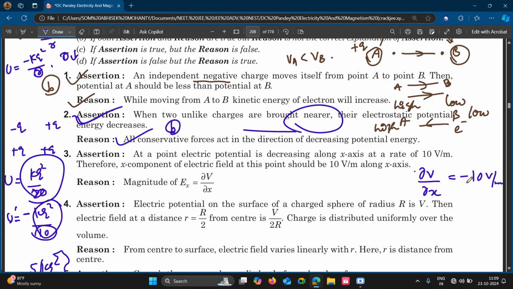Decreasing, that's why negative. The x component of electric field at this point should be 10 volt per meter. Let's see. Electric field is actually minus del v by del r, right? So along x-axis, Ex should be minus del v by del x, and del v by del x is minus 10, so Ex would be 10. So the answer is correct. Magnitude of Ex is del v by del x.